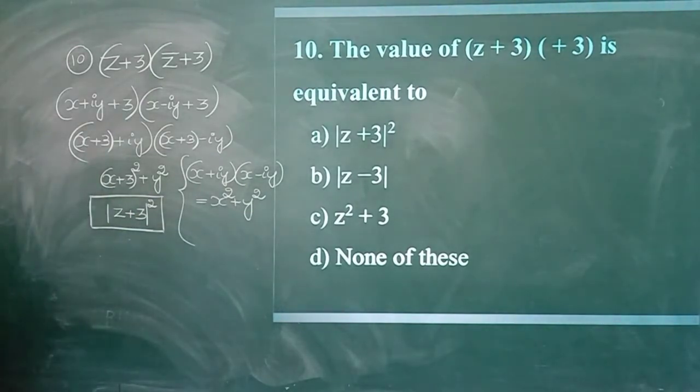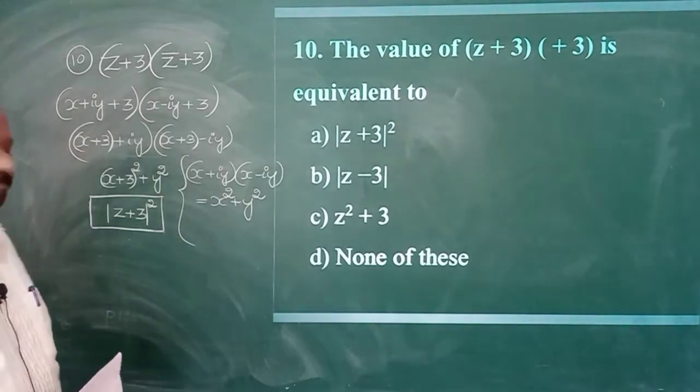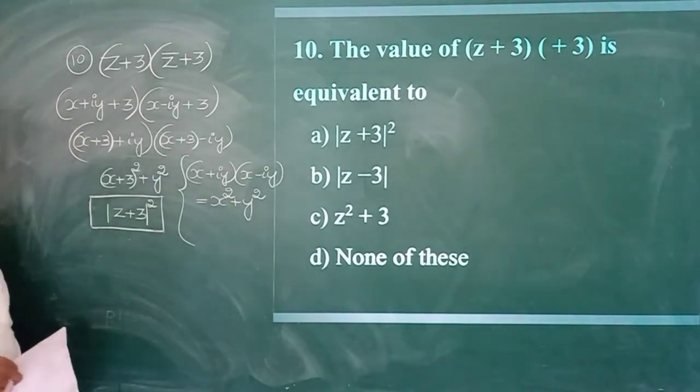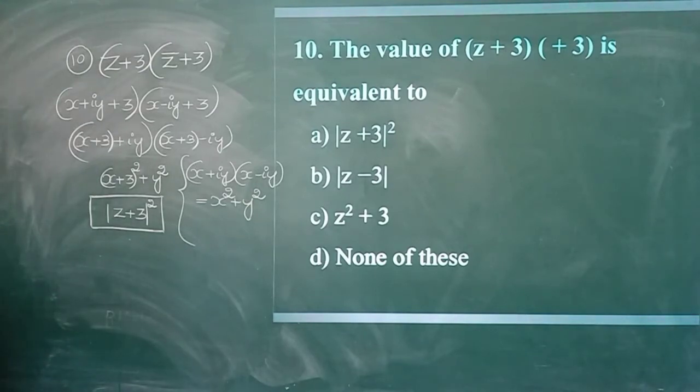Replace z with x plus iy, and you get x plus 3 whole square plus y square. So the important formula here is x plus iy into x minus iy, that is x square plus y square.